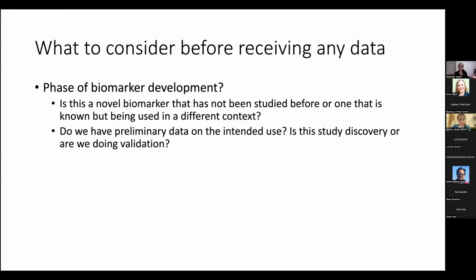You might have some preliminary data that it's interesting, but it's still a very novel biomarker, versus one that is well understood, and now you're just looking at it in a different context, where it may be useful. It makes a difference because it helps us understand how rigorous the assessment of that biomarker needs to be. The next question is, do we have any preliminary data on the intended use?